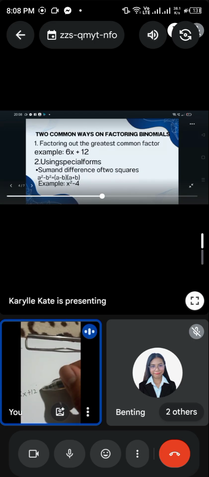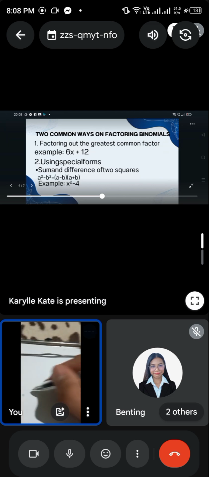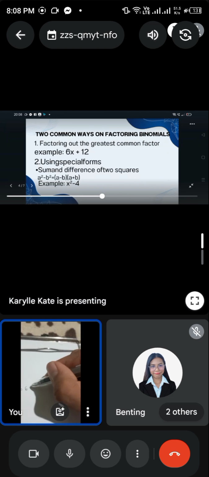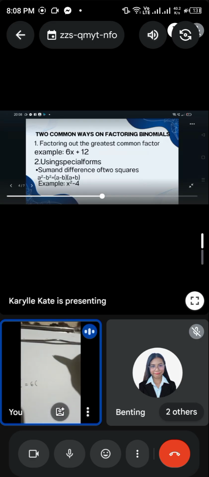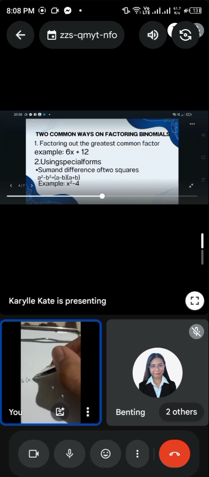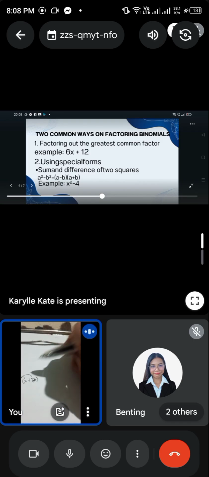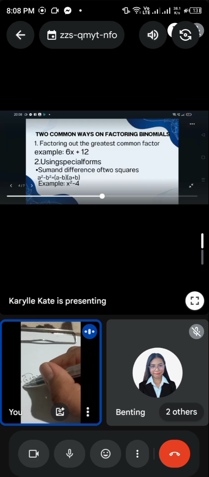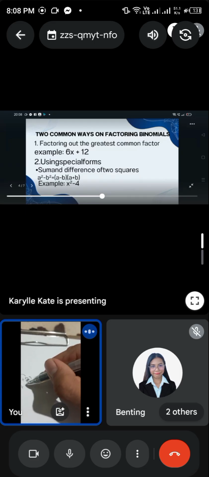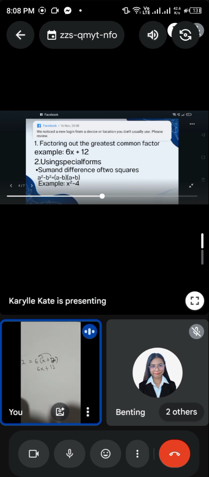What you will do is factor out the greatest common factor, which is 6, and what will be inside the parenthesis is x plus 2, because when you distribute this back to the expression, it will go back to the original expression, which is 6x plus 12. So that is how to factor out the greatest common factor.